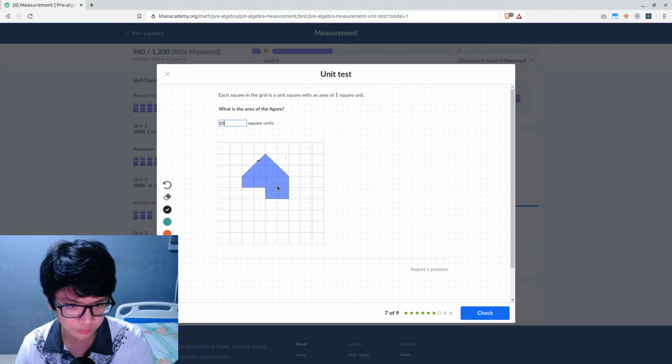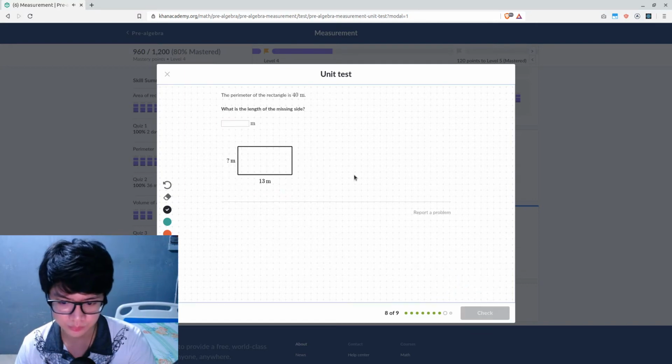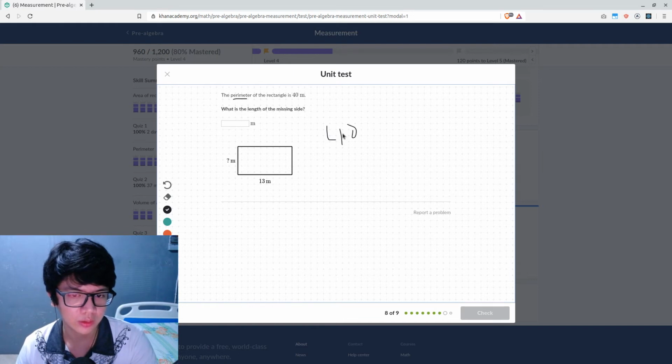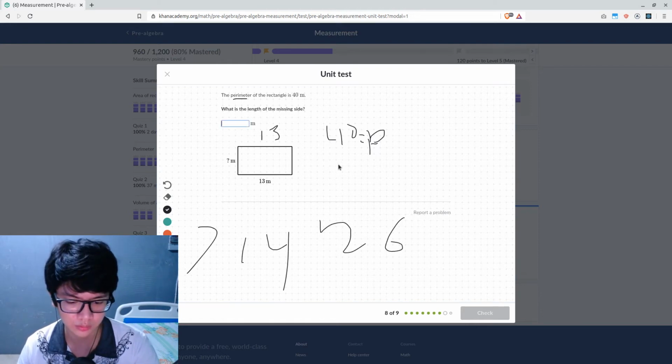Should be 10, right? Yeah. What is the perimeter of the rectangle? Oh, actually, it's 40, the perimeter. So it's 13, it's going to be 13 as well, so it's going to be 26. We have 14, 7.